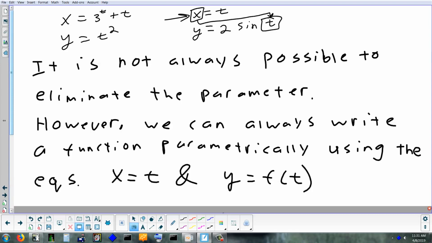So it's kind of a cheap way to make something parametric. All you have to do is let x equal t. That's the same every time. And then take the equation that the person gives you and change the letters to t's. That's all you've got to do. So take the equation you're given, change everything to t's, and then just write x equals t.